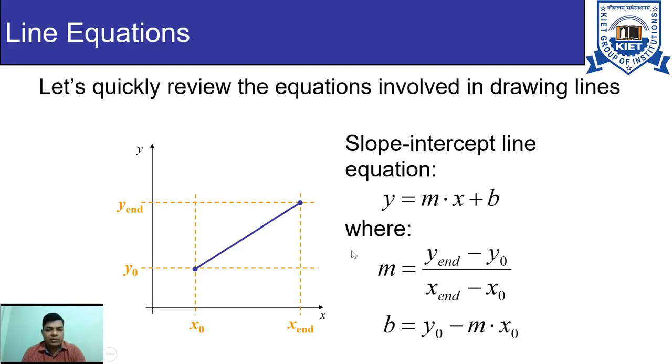If you want to calculate the slope of the line, it is m = (y_end - y0) / (x_end - x0), and the intercept of the line can be given as b = y0 - m*x0.